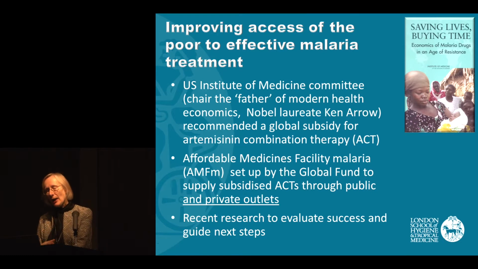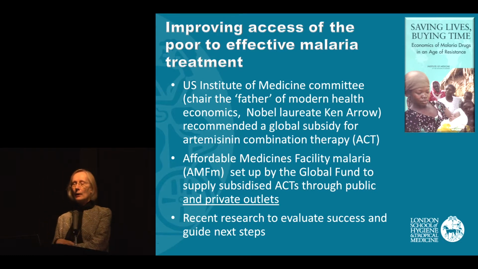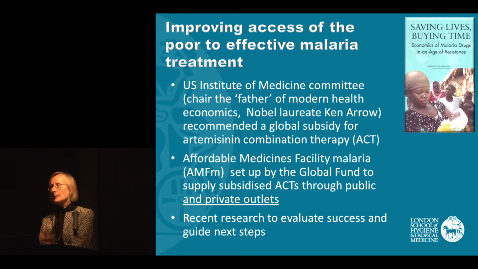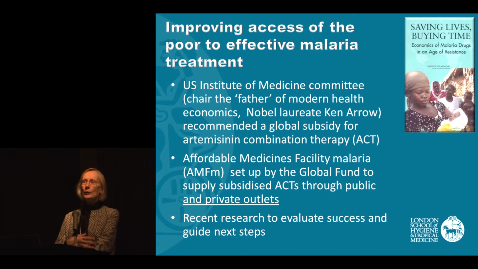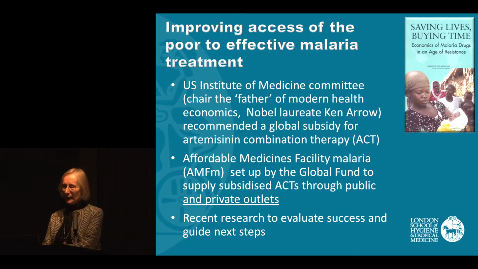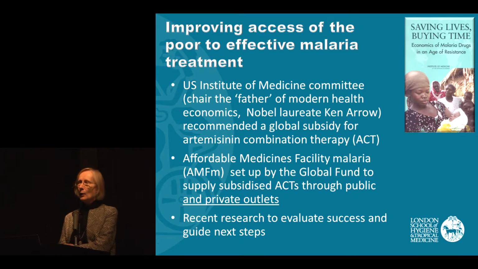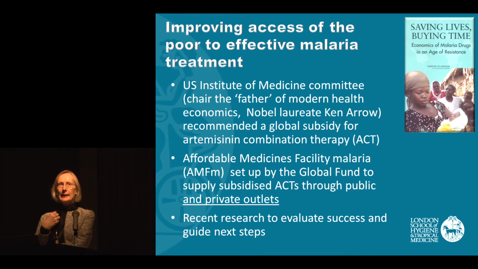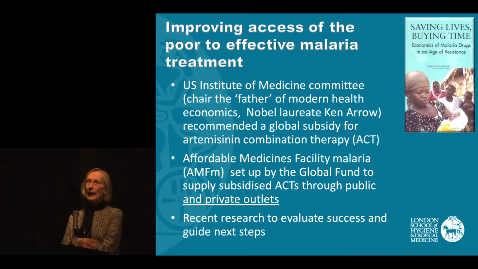And they were especially concerned to compete out Artemisinin monotherapy, because Artemisinin monotherapy was known to be at great risk of encouraging resistance very quickly, whereas combination therapy protected the artemisinin. So the Affordable Medicines Facility in Malaria was set up by the Global Fund to supply subsidized artemisinin combination therapy through public and private outlets.